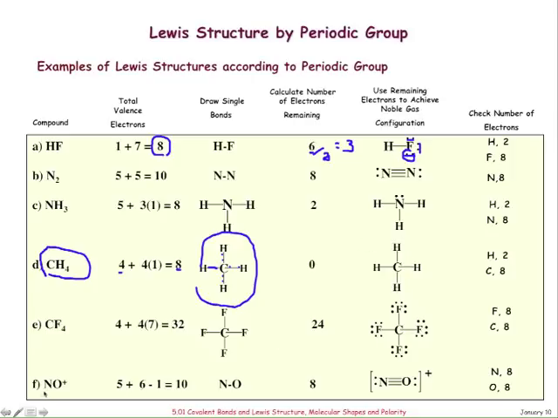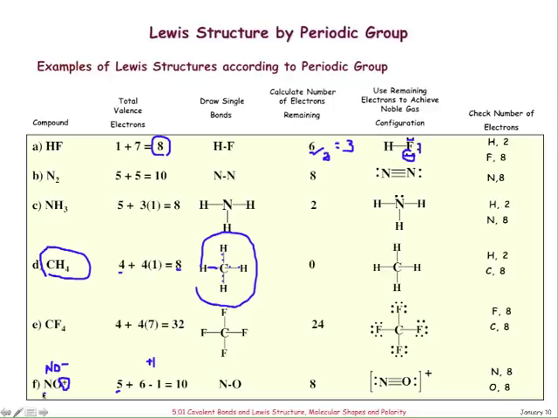Let's look at NO+. Nitrogen brings in 5, oxygen brings in 6. But the plus tells you that this chemical right here has 1 less electron. So you have to subtract 1. If it was a negative, then you would need to add 1, because if it was NO negative, it means that this particular structure has 1 extra electron.